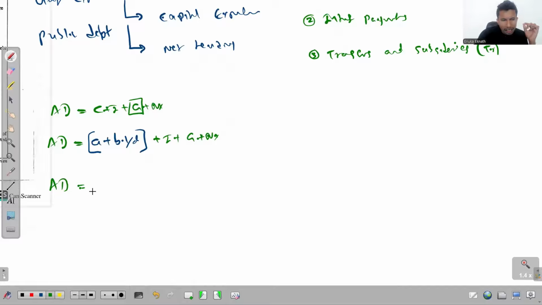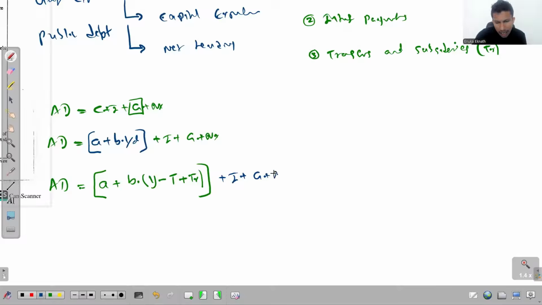Now you can write aggregate demand equals A plus B into YD, disposable income. What do we find? We get the income. From the income we deduct the taxes and then we add the transfers. After that we get YD. Then this whole thing represents C, and as before, if we add I, G and NX, you get the aggregate demand.